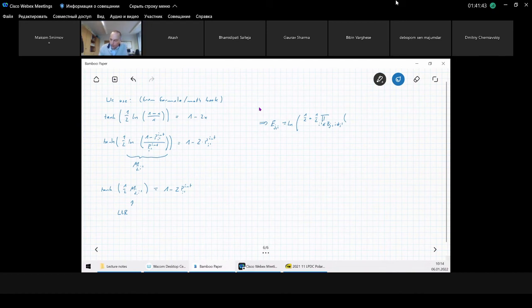And basically here we had the 1 minus 2 P_int, which turns into this hyperbolic tangent of 1/2 M_jI prime.